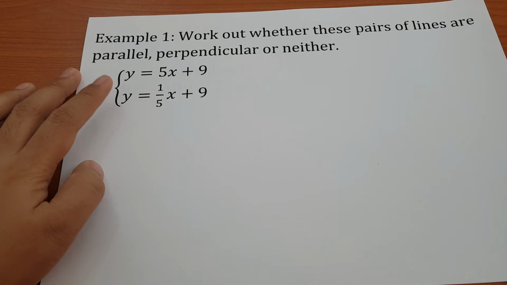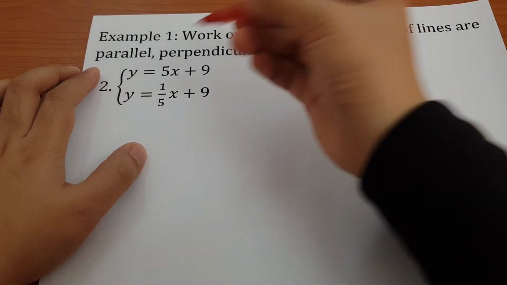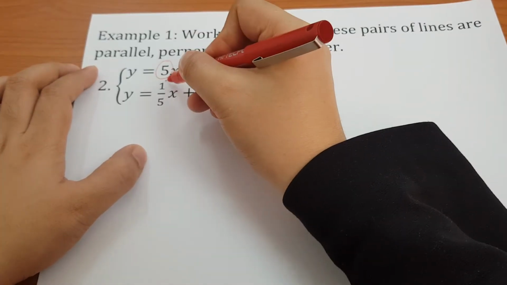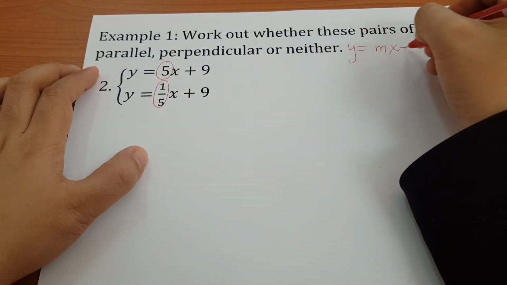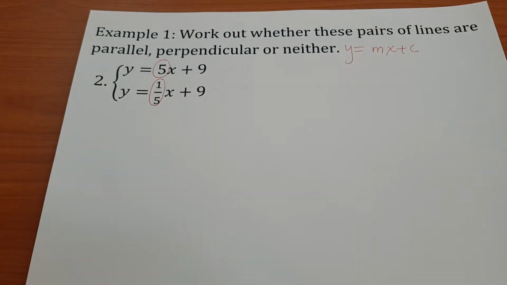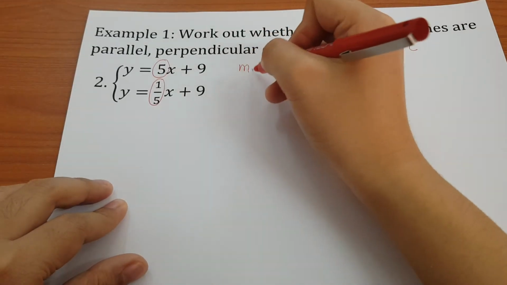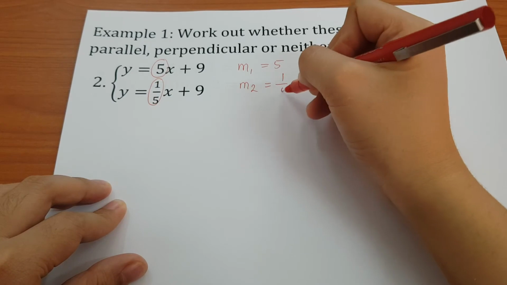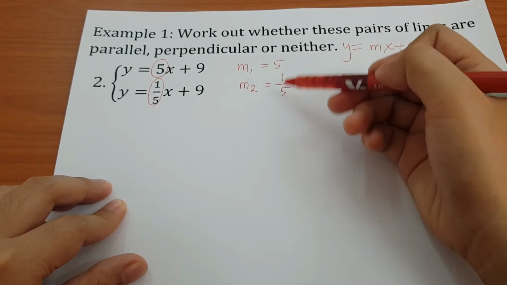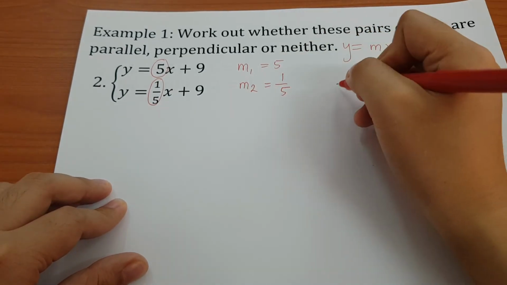So let's continue to example number 2. Here, again, the coefficient of x, if it is of the form mx plus c, so m1 here is 5, m2 here is 1/5. So obviously they are not the same, so not parallel.